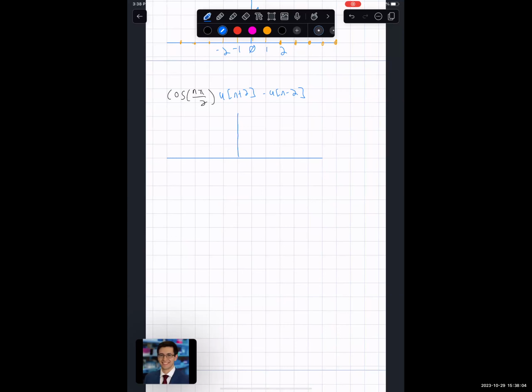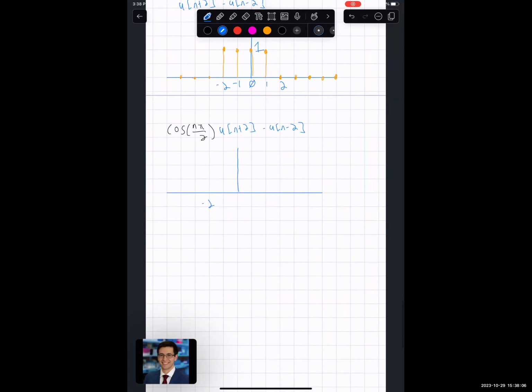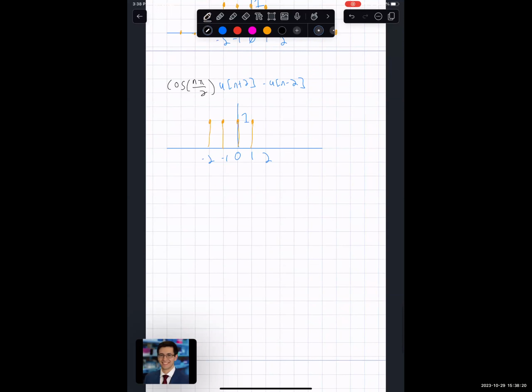Okay. So now we're going to evaluate this guy at n equals -2, n equals -1, 0, and 1. So let's see, cosine of -2 times pi over 2. I got this -2 from this guy, right?